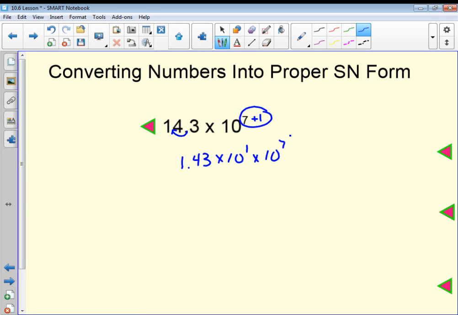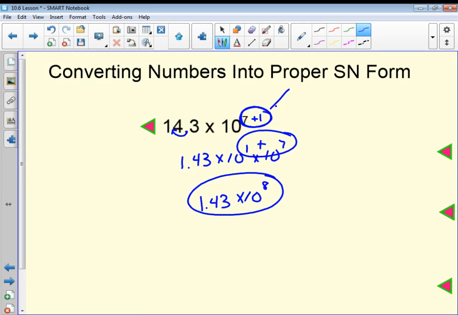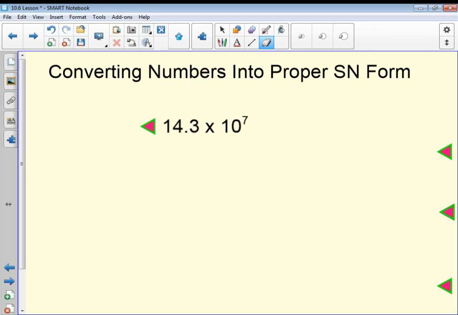Do you notice how I was going to add between those anyway. I just wrote the new exponent up there. So that's another shortcut that you can do. Final answer, 1.43 times 10, 7 plus 1 gives me 8 for a new exponent. Okay, I love this method. Some of you might have to start out with that method, okay? But if you can figure out the new exponent, sometimes it's just as easy to write that next to it. It's faster.